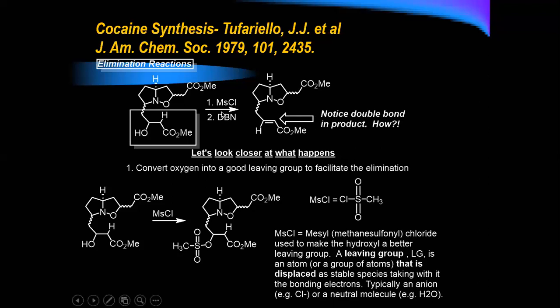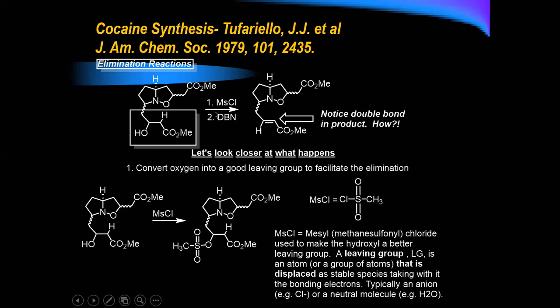If I told you that DBN was a strong base, what type of elimination would you suggest in the presence of a strong base? Let me ask it this way: does E1 need a strong base? Yes or no? No, it doesn't. So the presence of a strong base indicates that it's an E2 elimination, right?